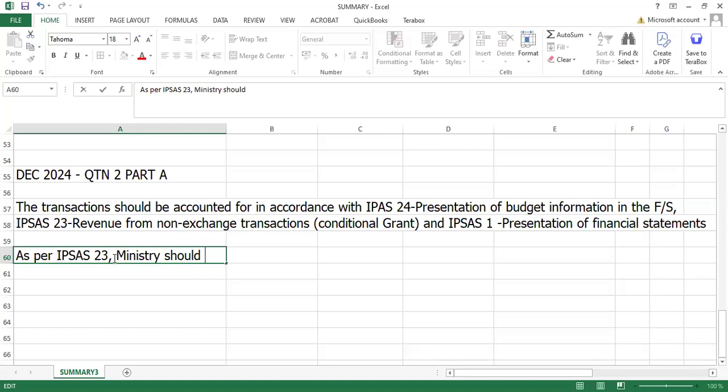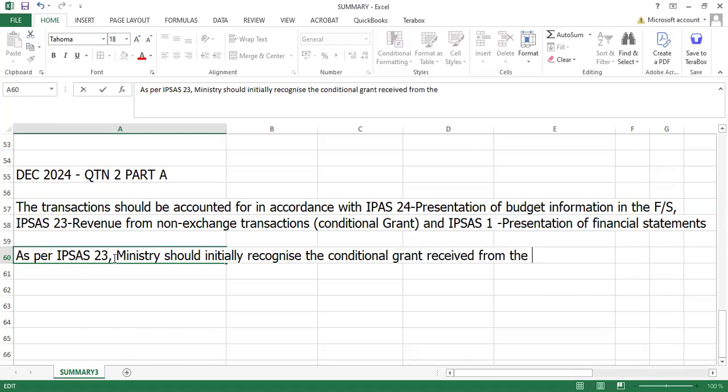We are accounting for that grant. The ministry should initially recognize the conditional grant received from these development partners as follows.